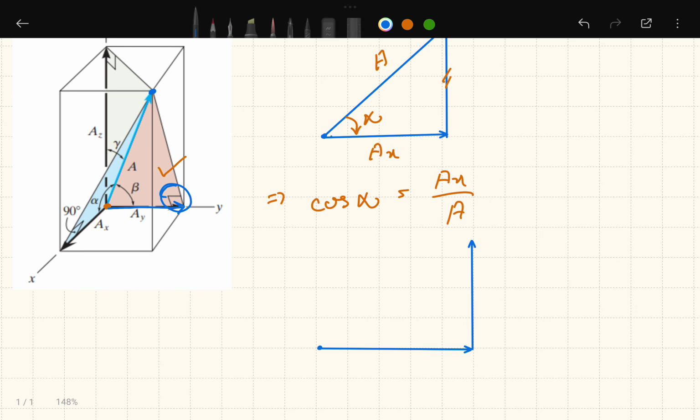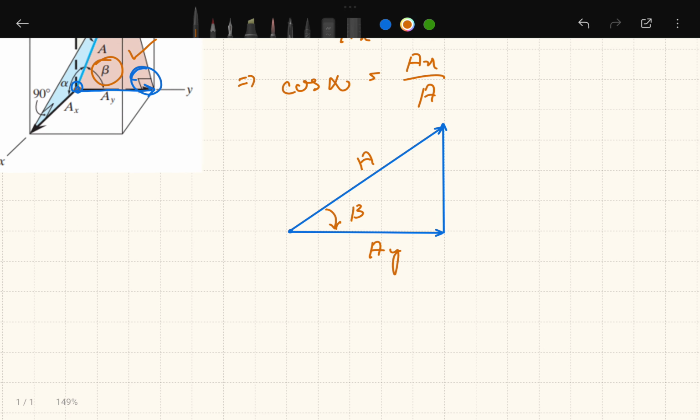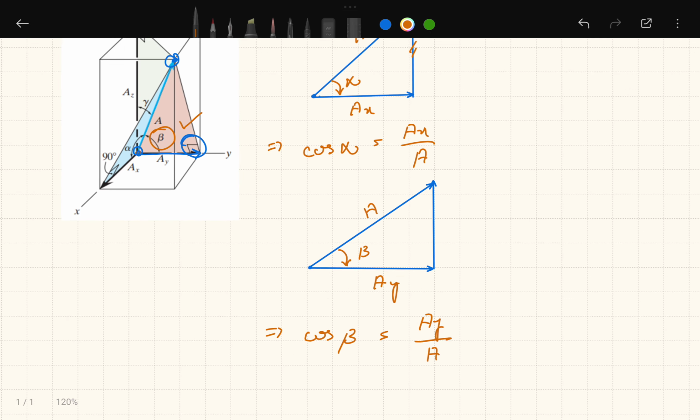Finally, connecting the origin to the top creates your hypotenuse, the vector A. So you get the vector A and this angle beta. This is the y component of the vector A. You can use this to calculate the cos of beta, which will be base by hypotenuse. The base is Ay and the hypotenuse is A, so you get cos of beta.